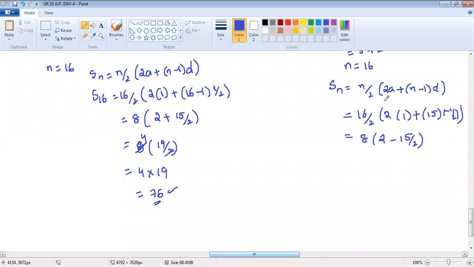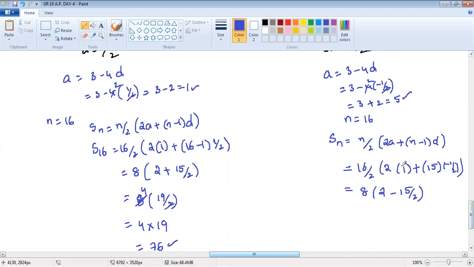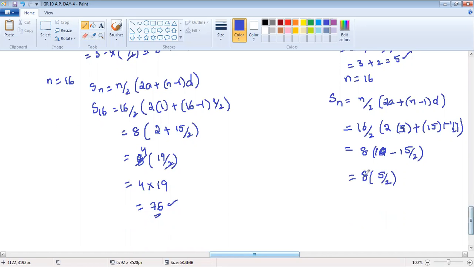I'm sorry, what A value did we get? A value is 5, right? So 2a is 10. Now it is 10, sorry. Then 8 into (10 minus 15 by 2), which is 20 minus 15 by 2, so 5 by 2. Then 2 ones are 2, 4 fives are 20.